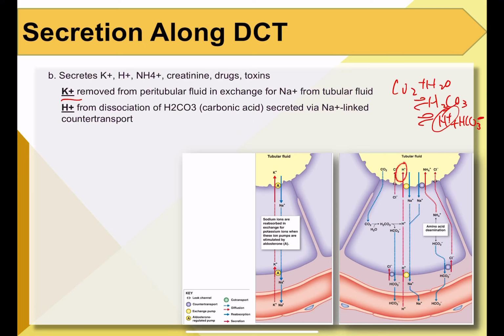Now remember that hydrogen ions are countertransported with sodium ions. So another thing that can lead to too much sodium ion reabsorption is too acidic conditions, acidosis. We'll come back and talk about acidosis in the next chapter. Now, ammonia is created by the amino acid deamination process.